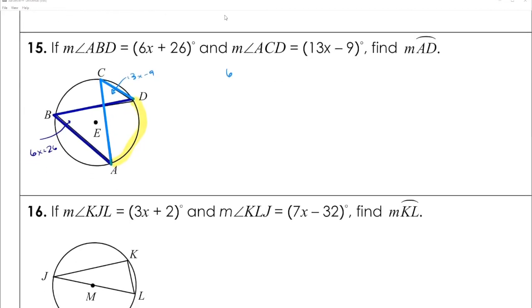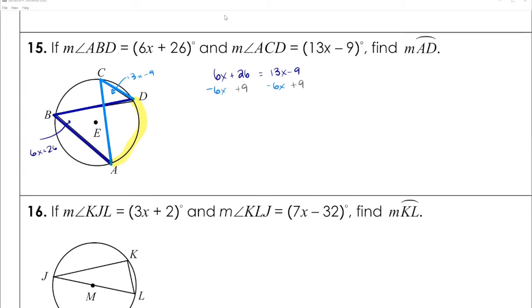Because they're congruent, we're just going to set them equal to one another. 6x plus 26 equals 13x minus 9. Our goal is to isolate our variables. We're going to subtract 6x from both sides. Because you guys are rock stars, I'm going to add 9 on the same step.